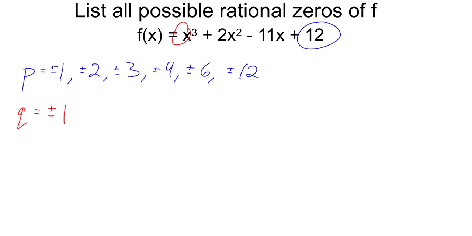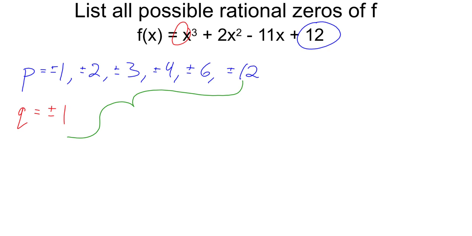They have 1 in common, but we don't really care about that, because remember, we're dividing. It's nice that the q only has one factor, because now we only have to divide each number by just this one. If there were, say, 5 q values here, we would have to divide each one. We have to find every combination of p over q there is.